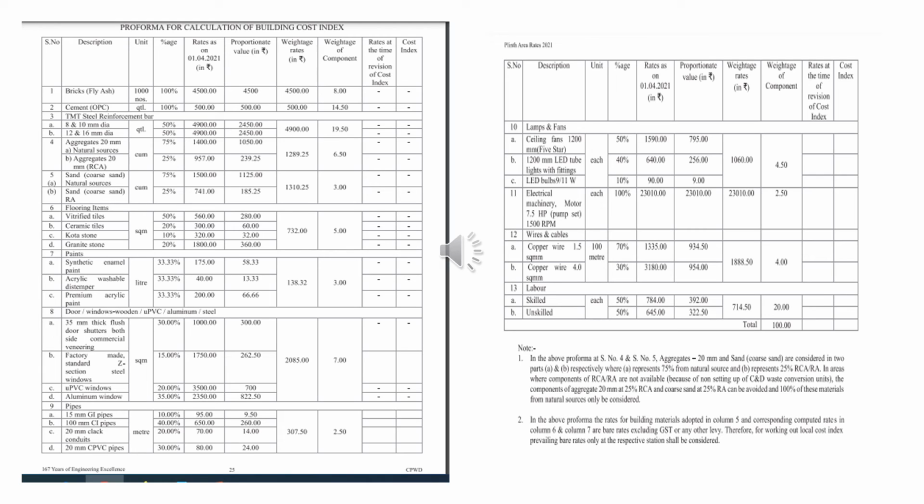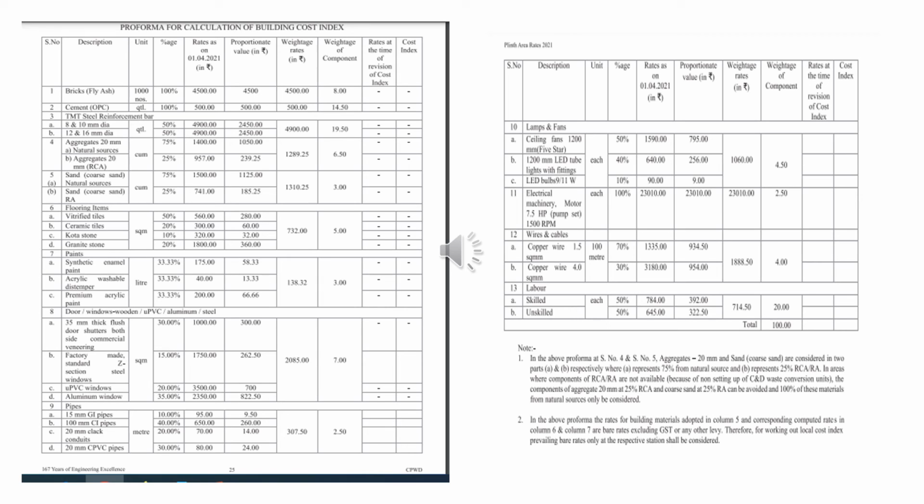You will see they have considered as many as 13 items, that is bricks, cement, steel, then aggregates, sand, and then items which are used for doors, windows, and then pipes, factory made shutters, then electrical items like lamps, fans, electrical machinery, motors, etc., wires, cables, and ultimately labor as skilled and unskilled.